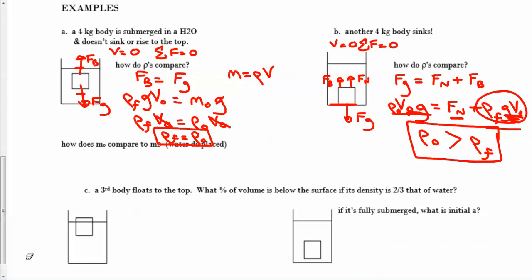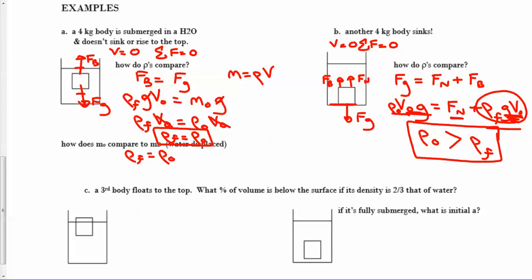So if we want to know how the mass of the object compares to the mass of the water displaced, well, that's where we have to apply Archimedes' principle. So we have the density of the fluid equal to the density of the object, okay, for the first case.